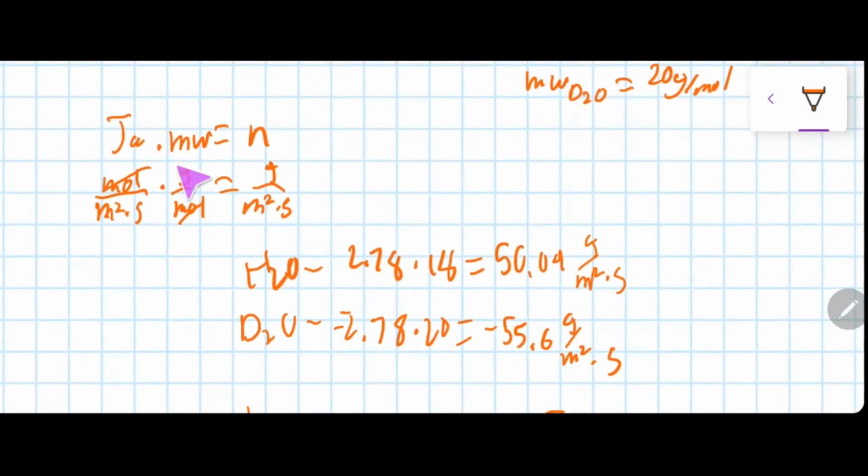And here we have some dimensional analysis to show why we multiply by the molecular weight. We see that the moles will cancel out to give us mass over meter squared per second, which is the unit for mass diffusive flux.